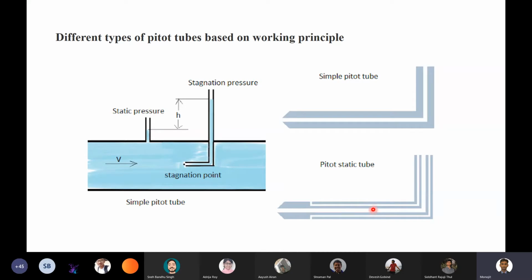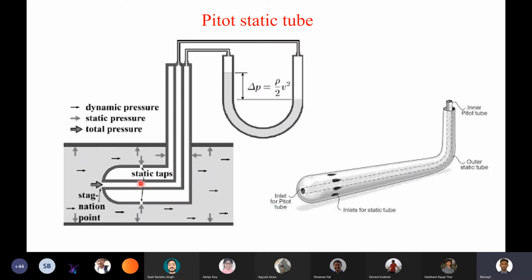And even if you have a flow, the manometer attached to the side hole will always give you the static pressure, because it is not feeling the motion of the fluid. So this is how we attach.